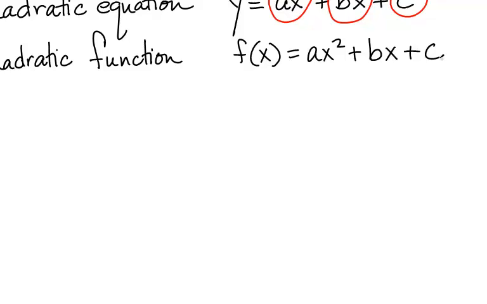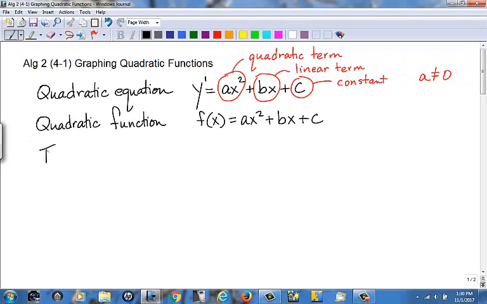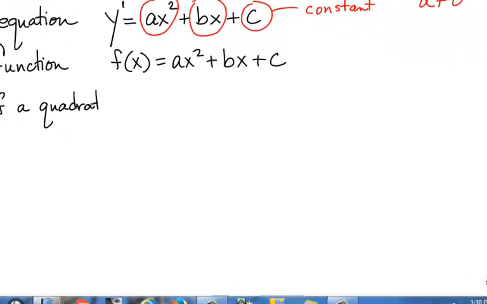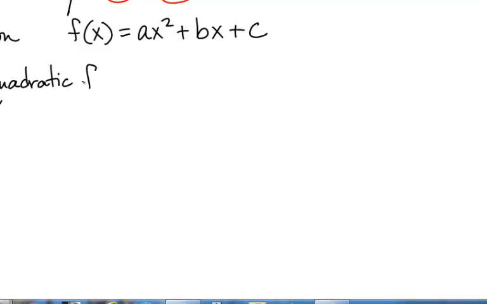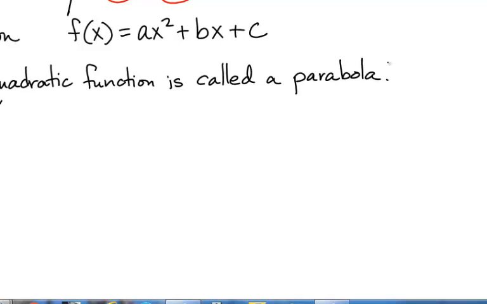Okay. The graph, and we're going to do a lot of graphing, the graph of a quadratic function is called a parabola. Looks like parabola, but it's called a parabola.